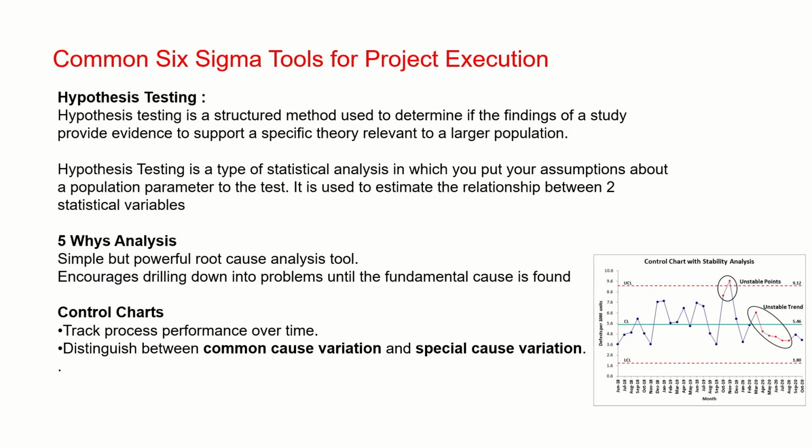And there are other unsustainable trends that you can see in the control chart which you need to analyze. For example, 7 continuous points going down in a process. This kind of trend should be analyzed, to find out why it is going down 7 consecutive times. So this is how a control chart can help you stabilize a process.